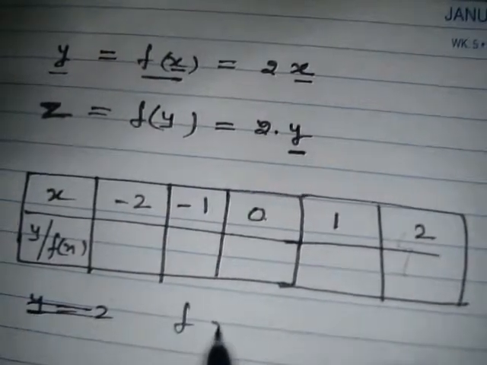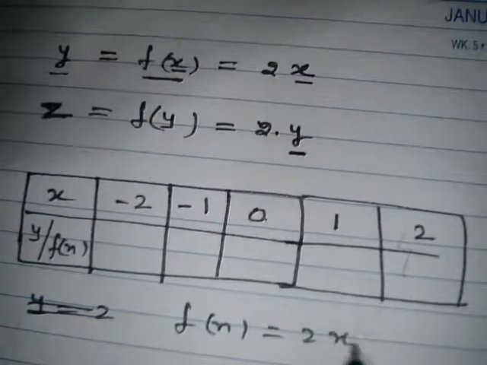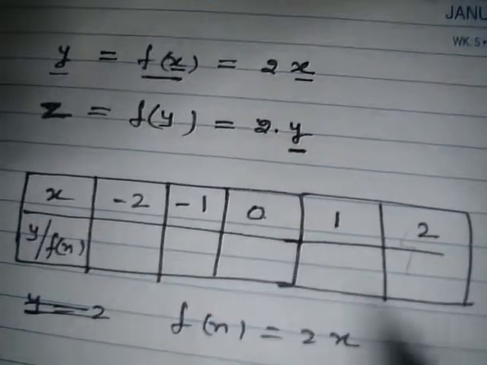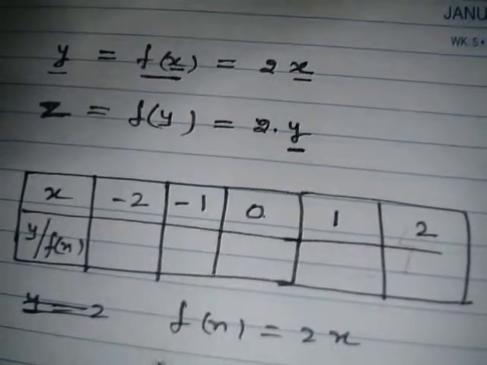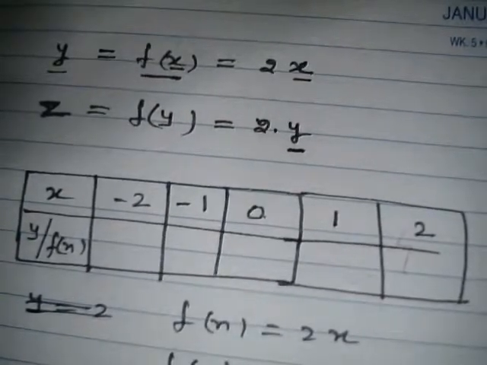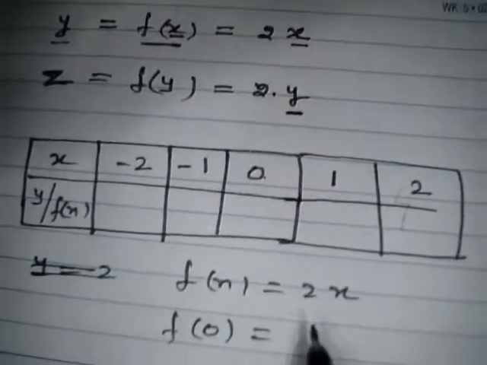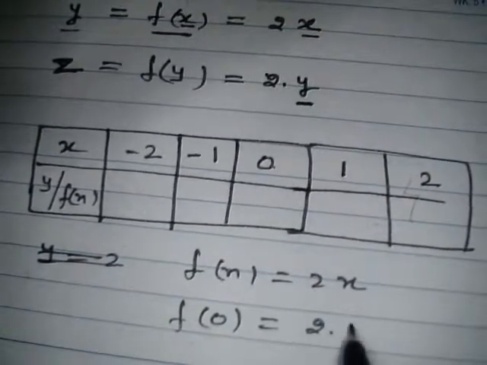Now I am going to calculate this function value at 0, so I plug in 0 in place of x. f(0) is 2 times 0, which is 0.